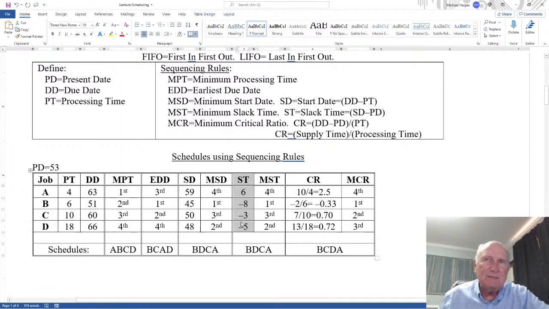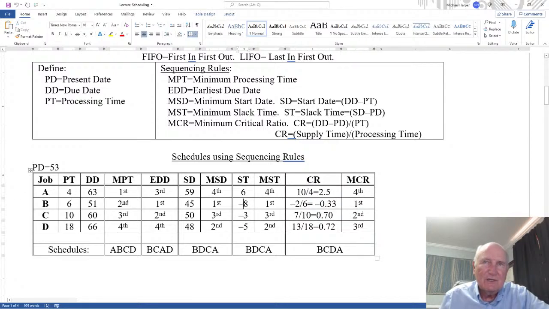But notice B, C, and D are negative. When you have a negative start date, that just means, if I start today, I'll be 8 days late. If I start today, I'll be 3 days late for C and 5 days late for D. Well, you still have the minimum start date and minimum slack time. So -8 is first, -5 is second, -3 is third, and then 6 is fourth.